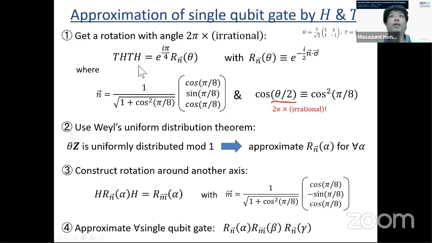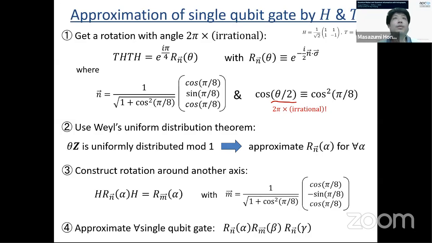The important thing was that by considering a combination of TH, we can approximate rotation around some axis with arbitrary angle. And the important thing was that here theta is 2 pi times an irrational.